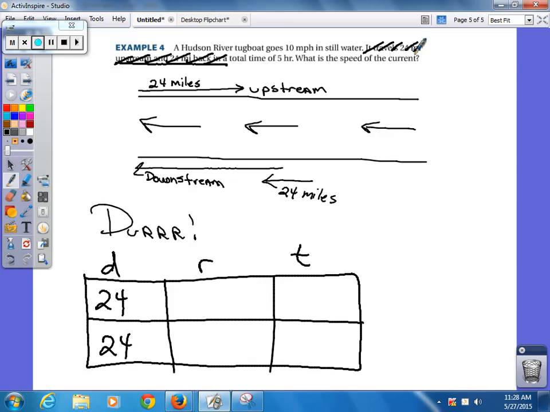Take 5 and divide it by 2, and half? But we'll come back to that. What about the Hudson River tugboat goes 10 miles per hour? What is that? 10 miles per hour. So it's the rate, the speed.